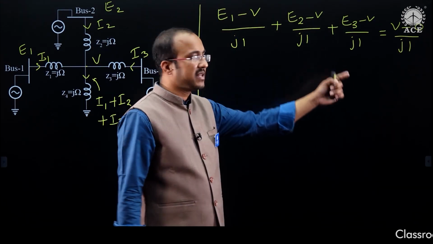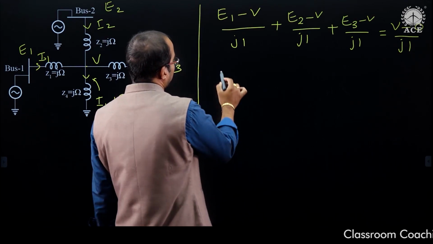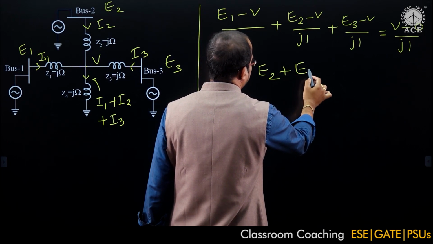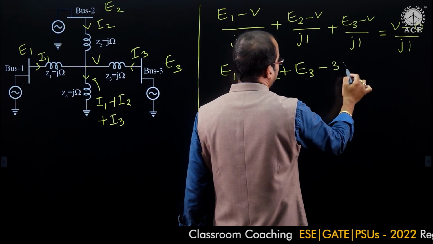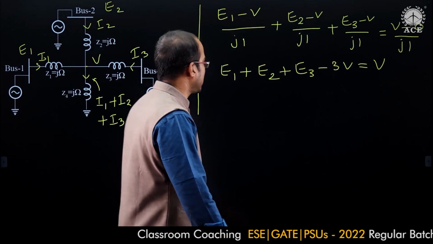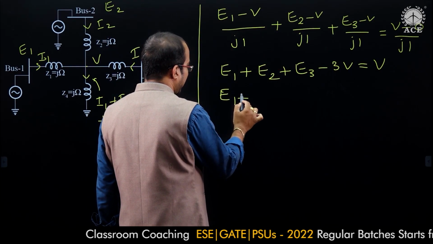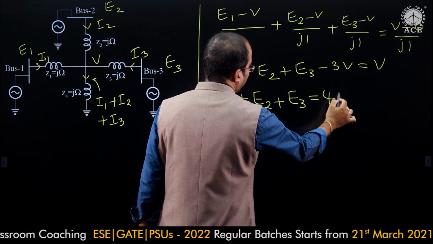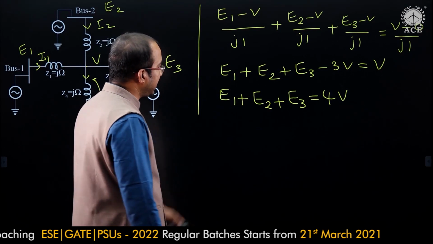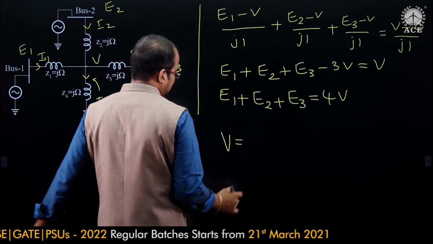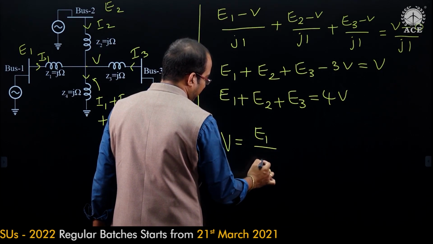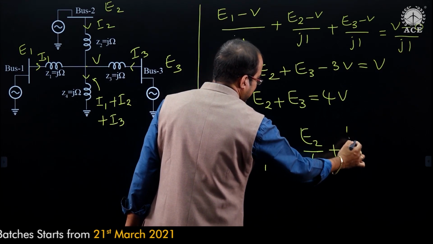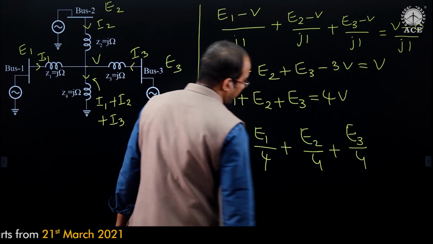J1 is common in the denominator, so we can cancel it out. So we get E1 plus E2 plus E3 minus 3V is equal to V. So E1 plus E2 plus E3 is equal to 4V. We can write the node voltage V as E1 by 4 plus E2 by 4 plus E3 by 4.